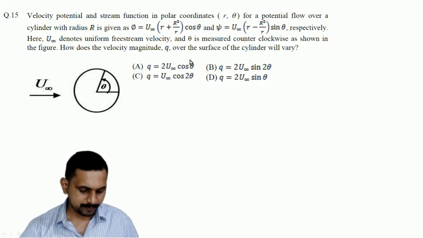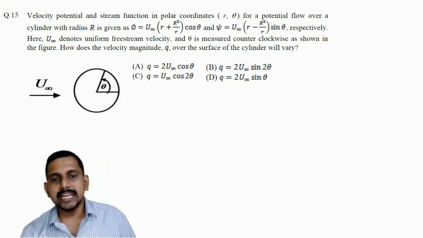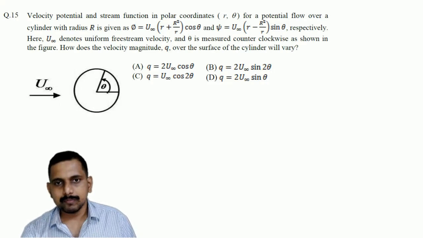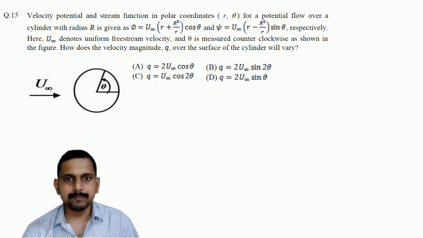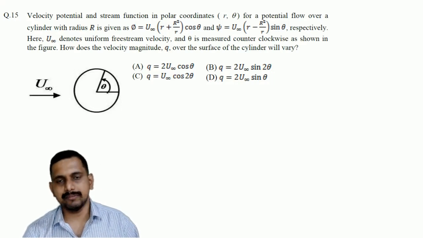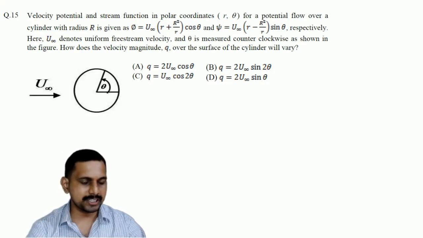This is the question. Now, first of all, we need to understand the relationship between the velocity potential function and the velocities, the stream function and the velocities in polar coordinate system, that is r theta coordinate system. Let us see what it is.